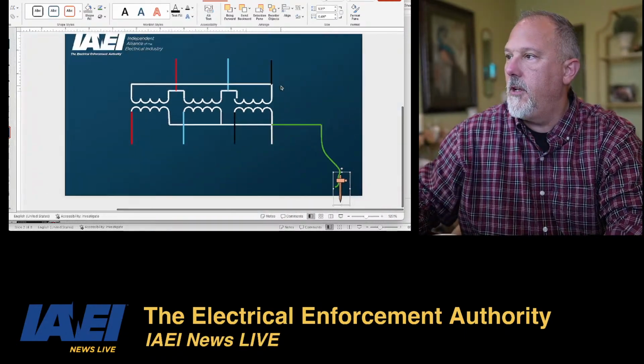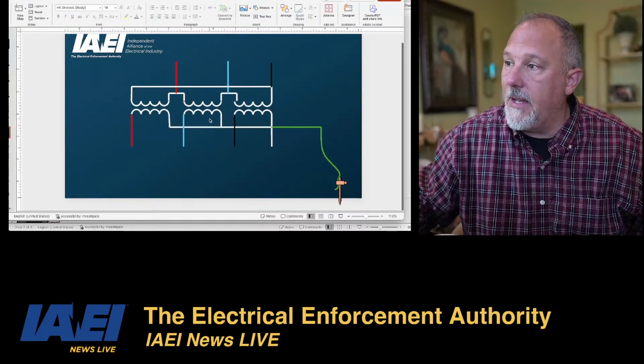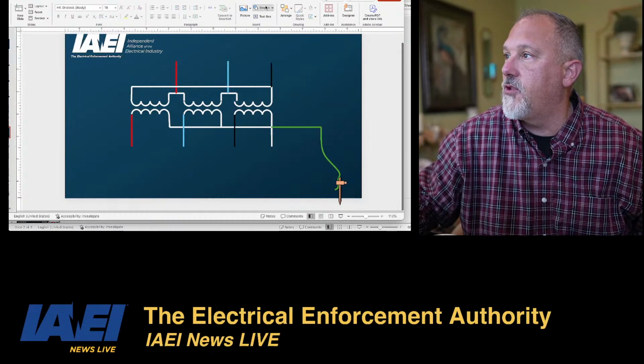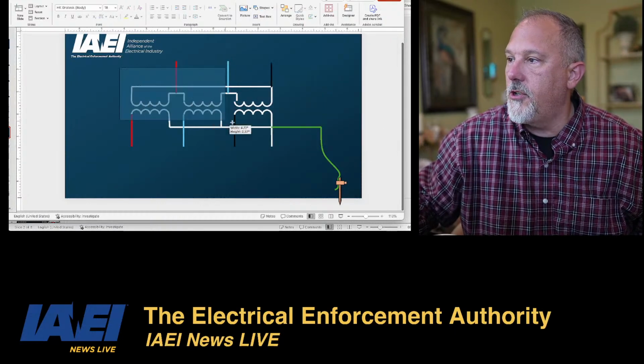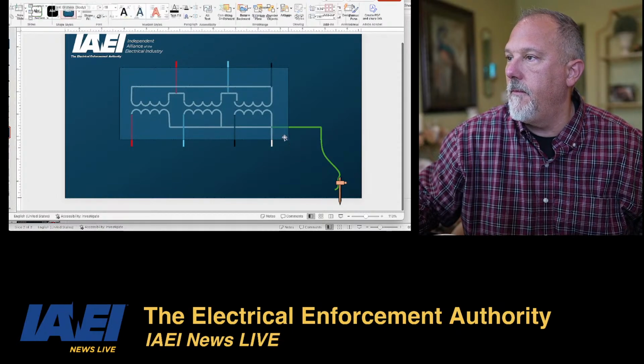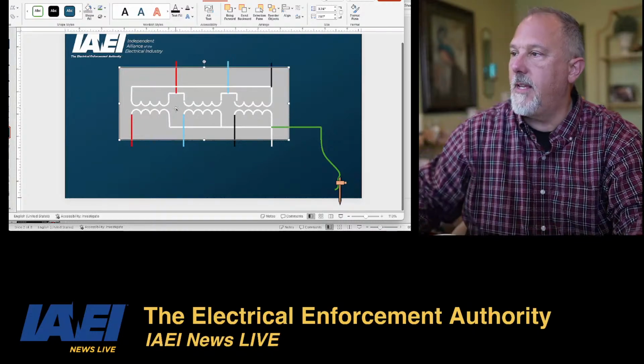So what we've done is we've shown I have separation. So if I draw a box around this, let's draw an enclosure around my transformer. And we'll make it gray. Send that to the back.